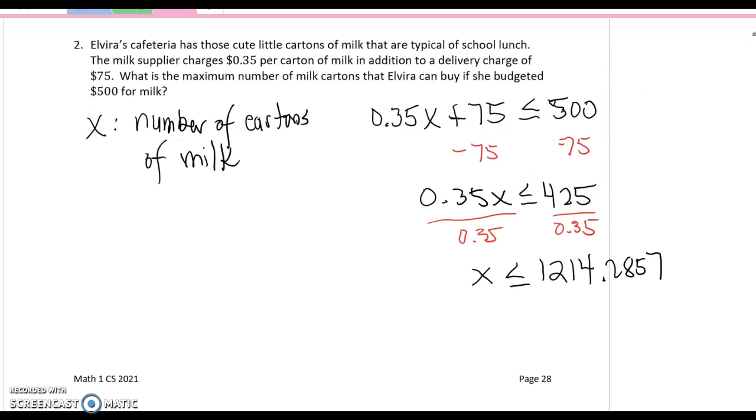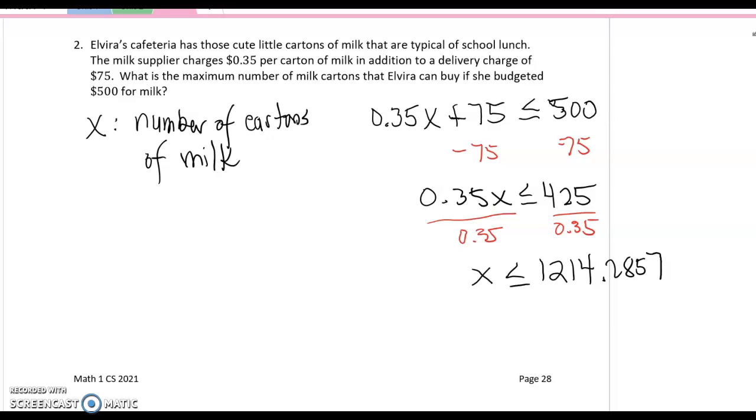When you start solving for x, your calculator is going to give you x is less than or equal to 1,214.2857.